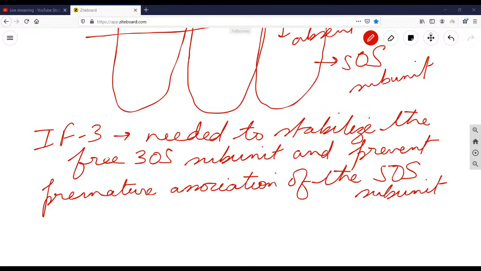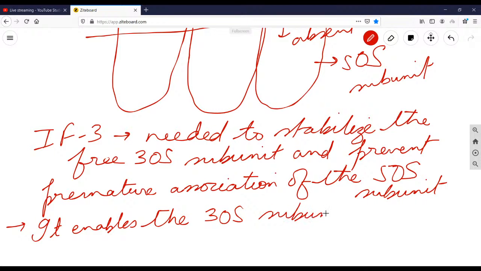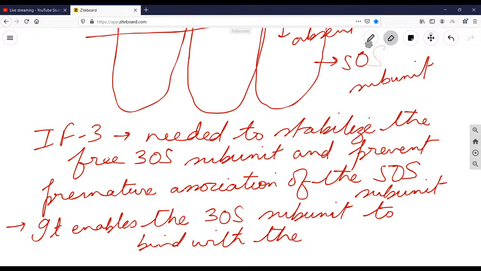It facilitates the binding of the Shine-Dalgarno sequence present in the mRNA with the anti-Shine-Dalgarno sequence present in the 16S rRNA, which is a part of the 30S subunit. So it enables the 30S subunit to bind with the initiation site of the mRNA, the Shine-Dalgarno sequence.